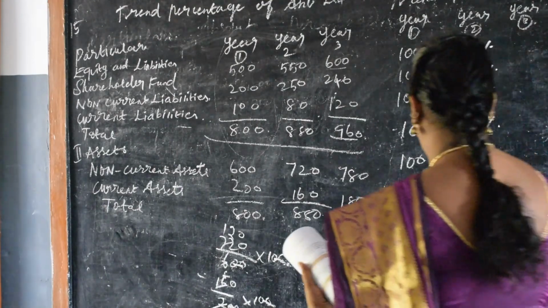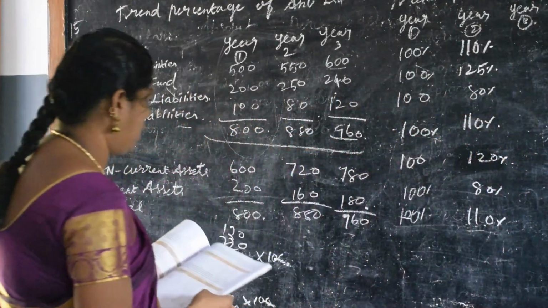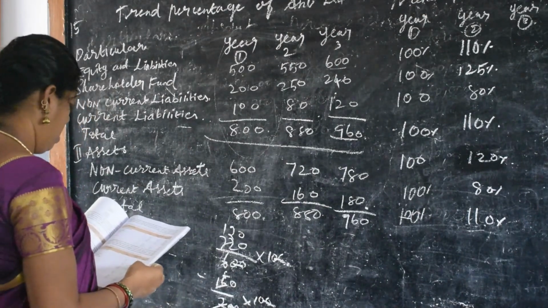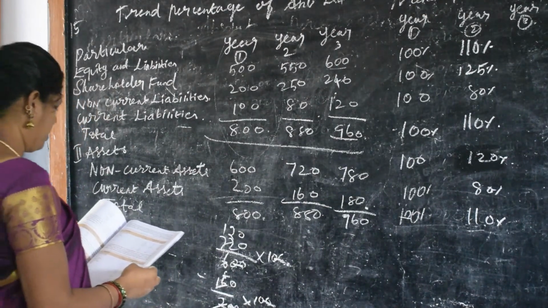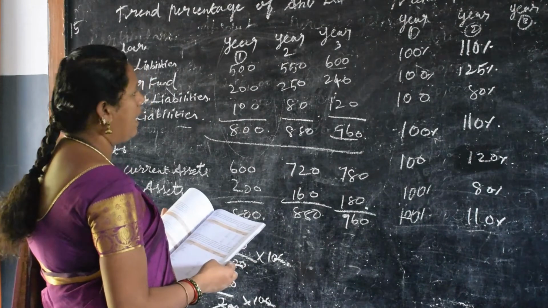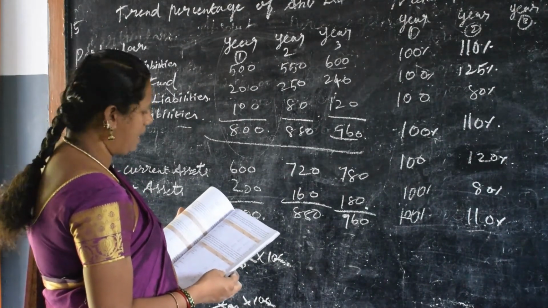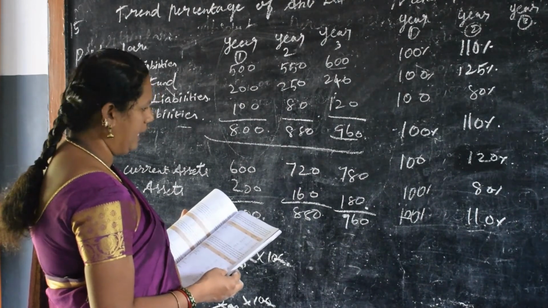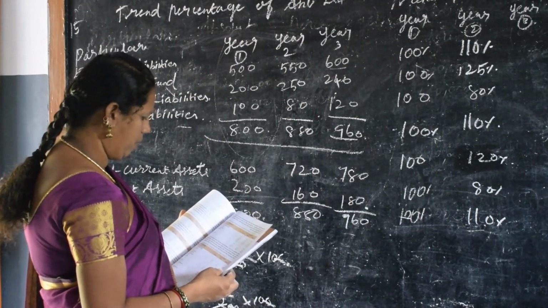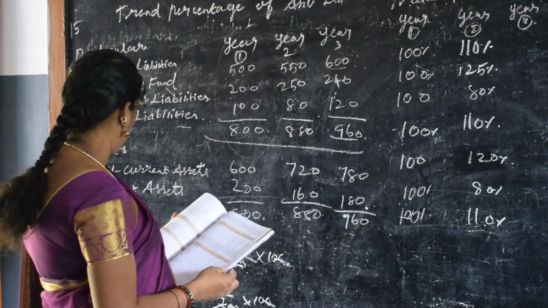We can check till 110 percentage, it is right. Shareholders fund is 110. Current liabilities 125, then 80, then 110, then 120, then 80. Then total assets is 110.